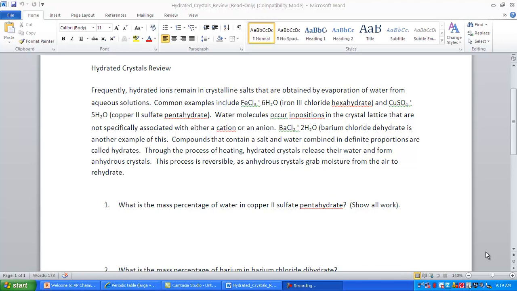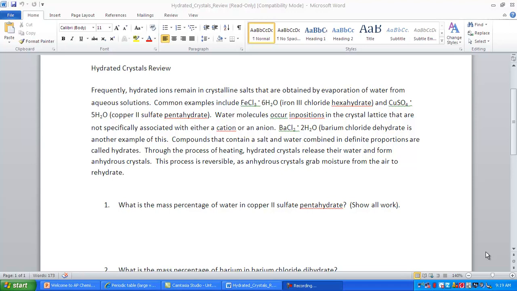This process is reversible. Leaving an anhydrous crystal out in the air will allow it to grab moisture and thus rehydrate. So a couple of things I'm noticing about the formulas of hydrated crystals. We see an ionic compound, a positive hooked to a negative based on charge, and then a little dot attaching water molecules to it.